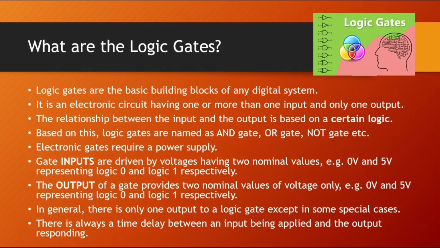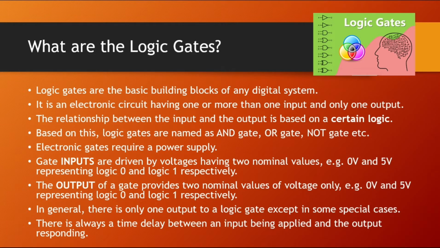These gates are powered up with some voltage value, and that is 5 volt maximum that you can provide to these gates. The inputs are also given in the form of voltage values. They are nominal values, like 0 volt is considered as logic 0 or bit 0, and 5 volt is considered as logic 1 or bit 1. Similarly, if they produce an output which is around 0 volt, that will be considered as logic 0, and if they produce 5 volt or around 5 volt, it will be considered as logic 1 or bit 1.